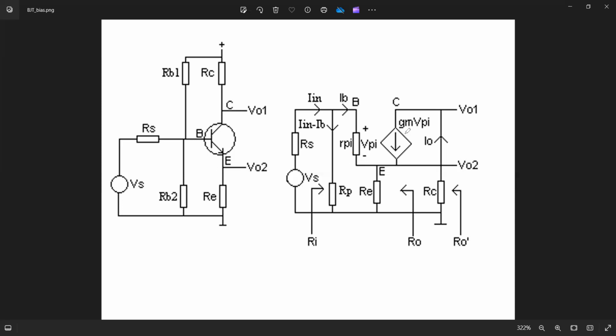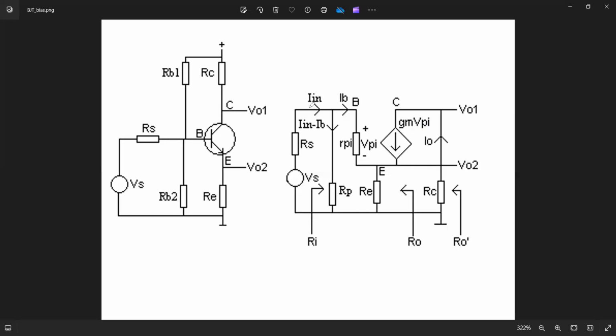The collector current is dependent on the applied input voltage, that is VPI, and the final collector current is the product of transconductance GM and VPI, and it is modeled by a dependent current source as shown. Now this current is flowing as output current, and the load resistance RC is connected between VO2 and the ground.